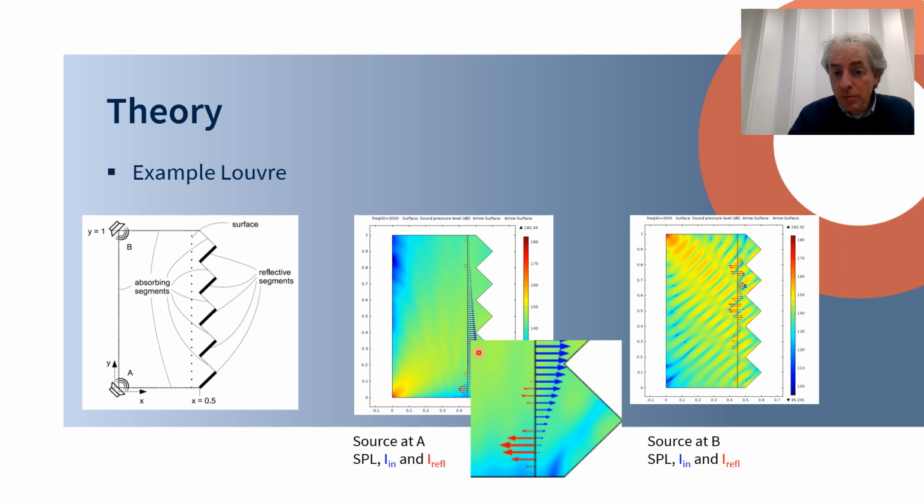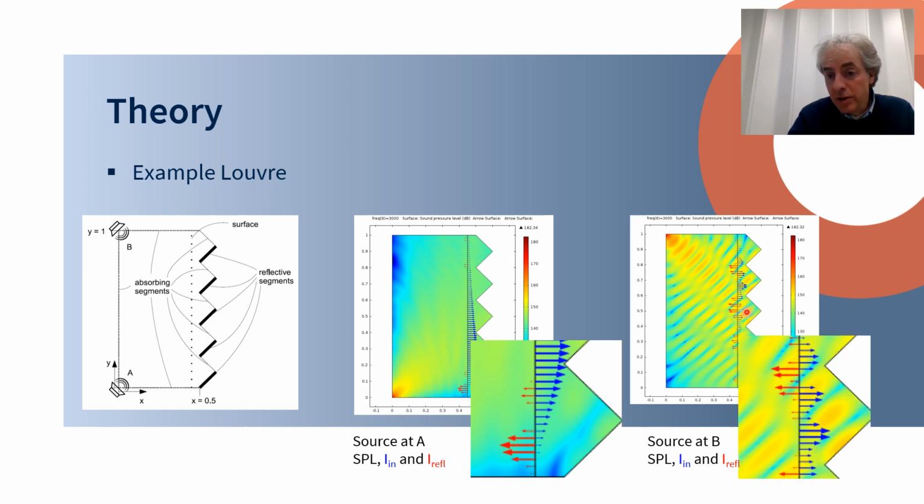Here you see a large incident intensity and just a limited reflected intensity close to a reflective segment here. While in the other picture, where you expect much more reflection, you see a variation of the incident intensity. In blue and in red you see the reflected intensity, which is a bit larger as opposed to the situation where the source was there at A.